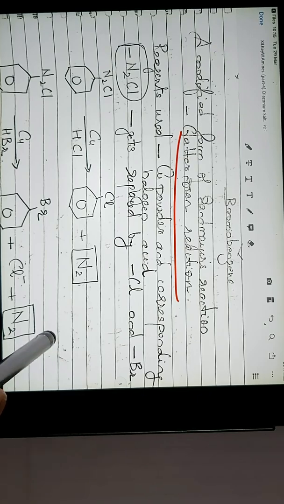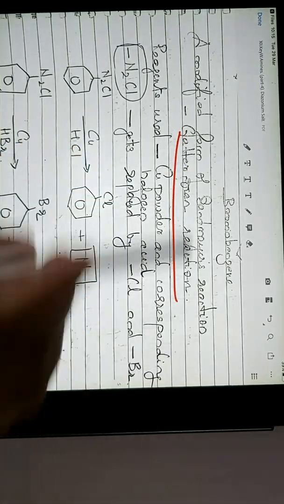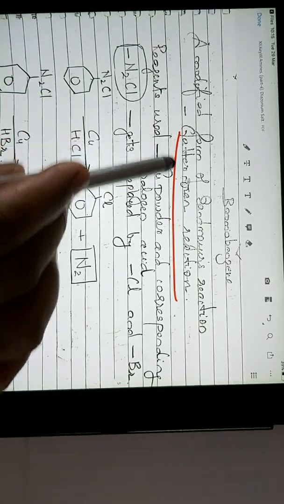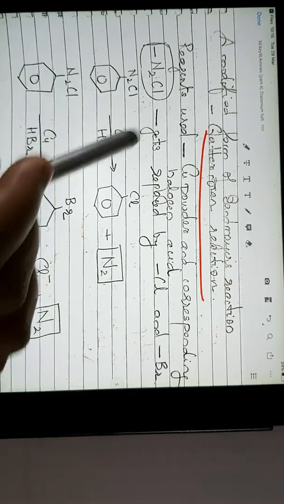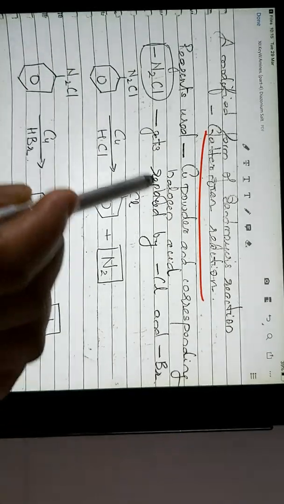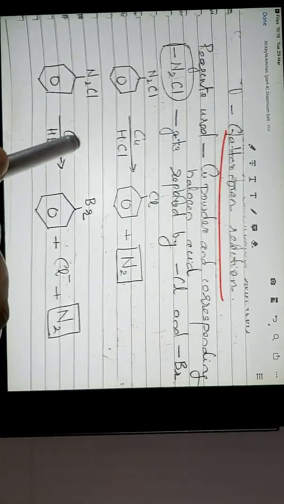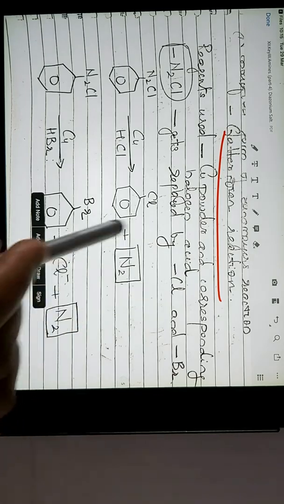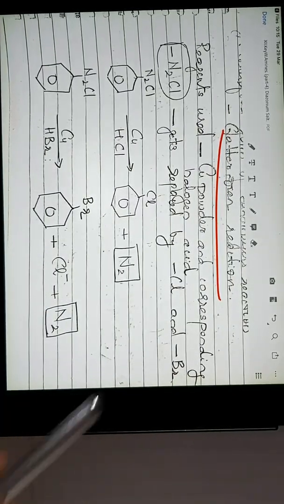When the Sandmeyer's reaction is simplified, modified, then we name it as Gattermann reaction, right? So here you can see the diazonium unit, copper powder and HCl making the same product, chlorobenzene, and here copper powder and hydrogen bromide making bromobenzene. In all these cases we saw one point, that is release of nitrogen.